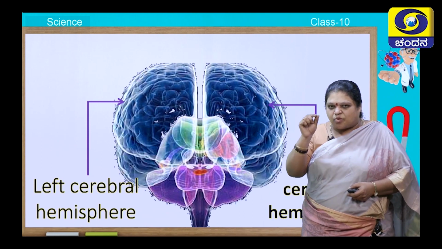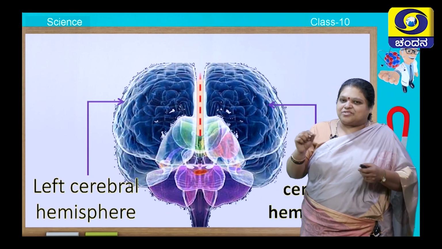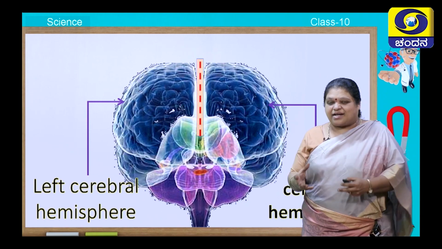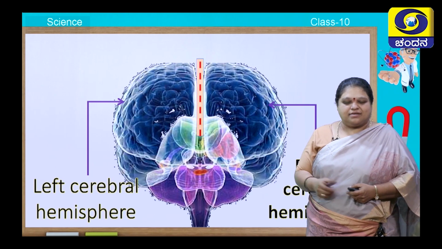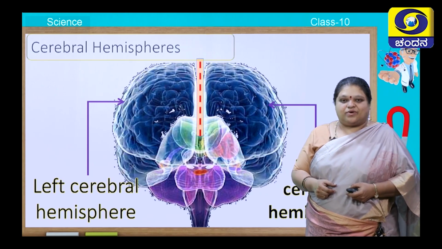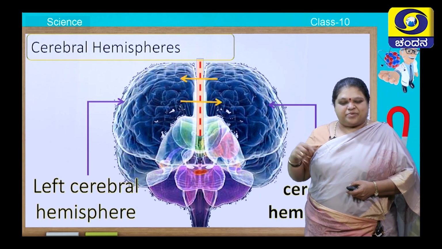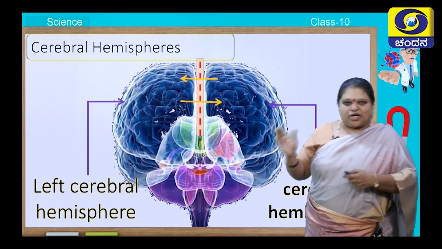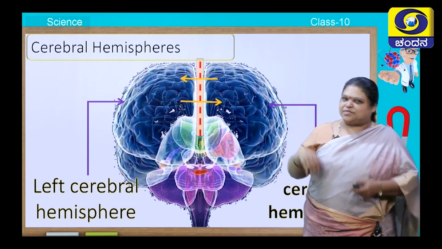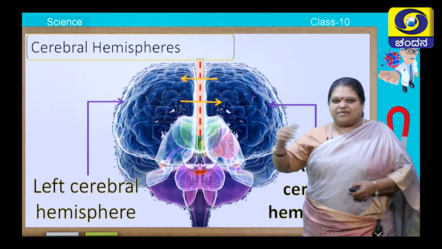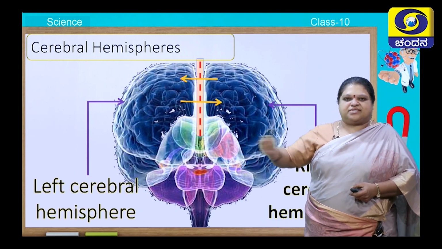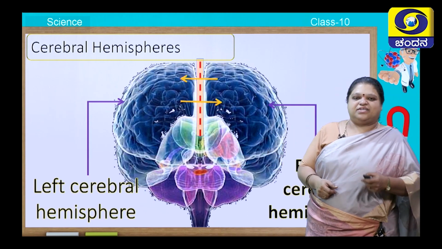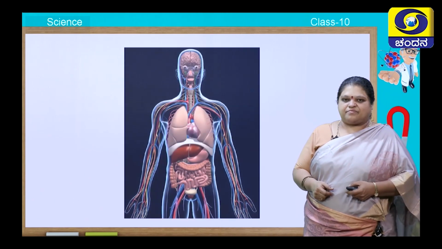There is one small tissue, the corpus callosum, connecting the left and right cerebral hemispheres. Both are connected, so the hemispheres send messages from one part to another, and there is constant exchange of impulses taking place continuously. That is the speciality of these cerebral hemispheres.